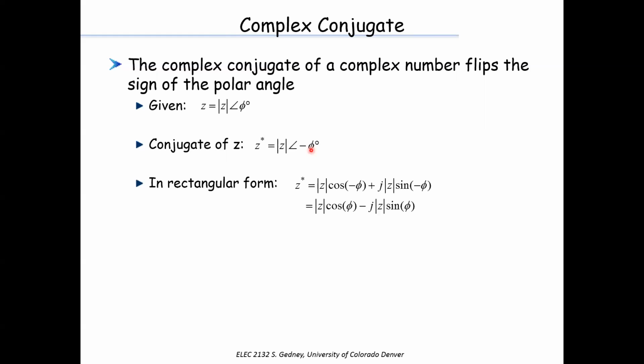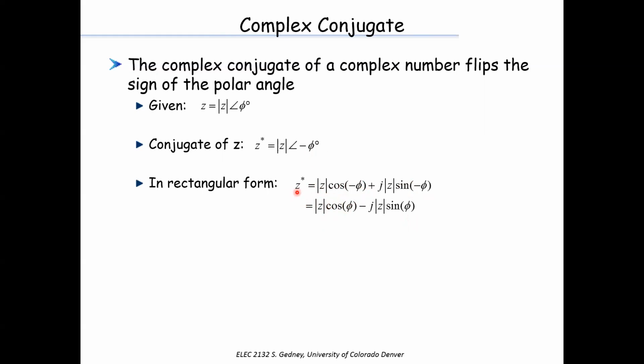Let's look at the impact of that in rectangular form, by converting this polar value to rectangular form. We'll have a cosine of minus phi, which is equal to plus cosine of phi, because cosine is an even function. Sine of minus phi is minus sine of phi, because it's an odd function.